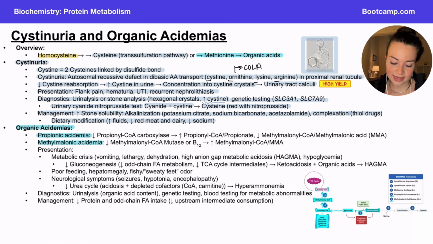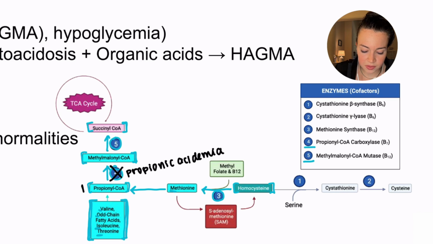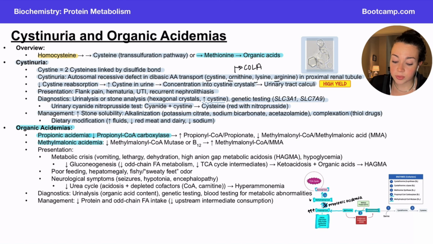In propionic acidemia, we have a decrease in that propionyl-CoA carboxylase enzyme. That means that we'll get a buildup of propionyl-CoA and a decrease in the downstream methylmalonyl-CoA. Now, propionate, also known as propionic acid, is just propionyl-CoA without that CoA group attached to it.